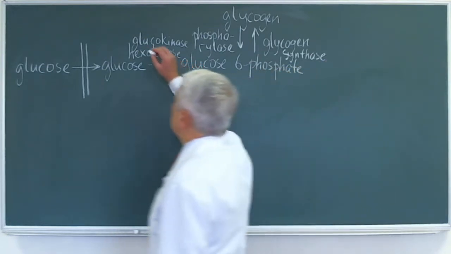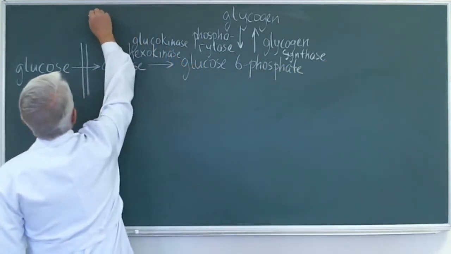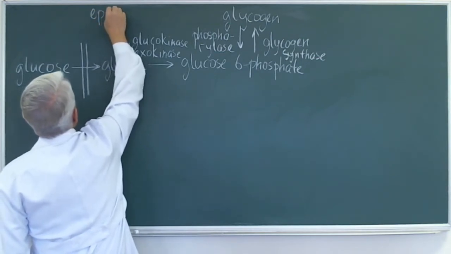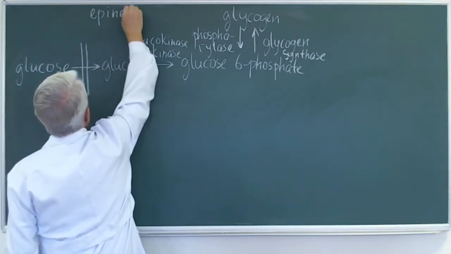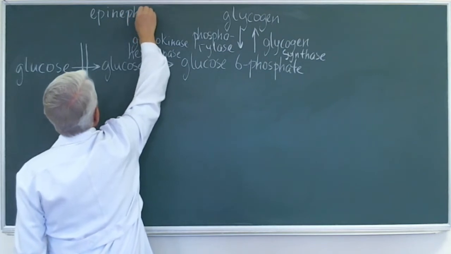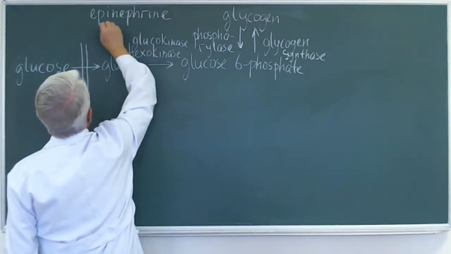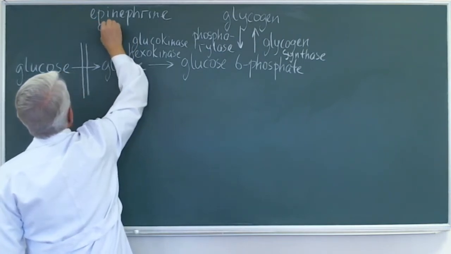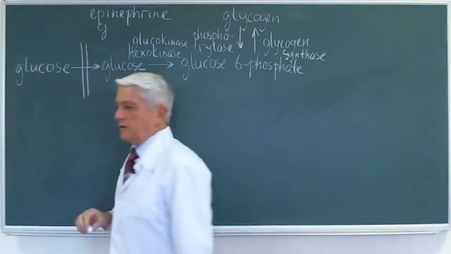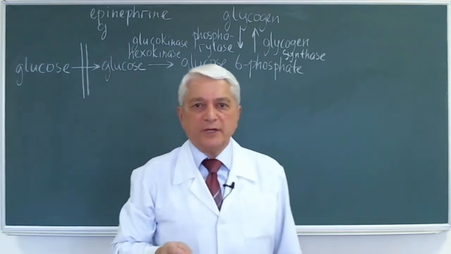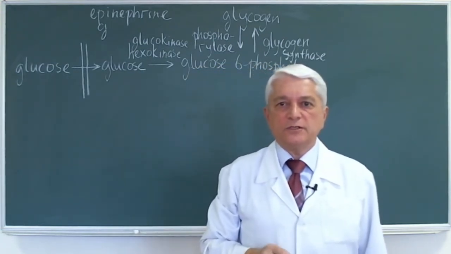So on the top here, let's write epinephrine, and you know, in the pancreas we have two hormones, insulin and glucagon.